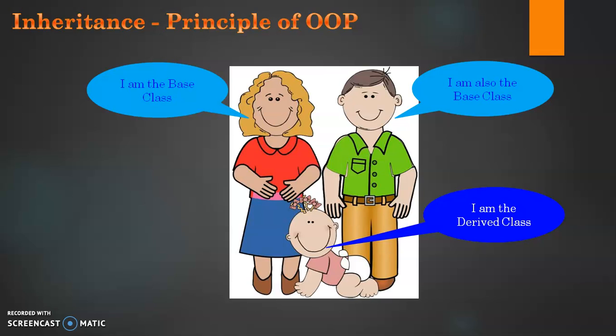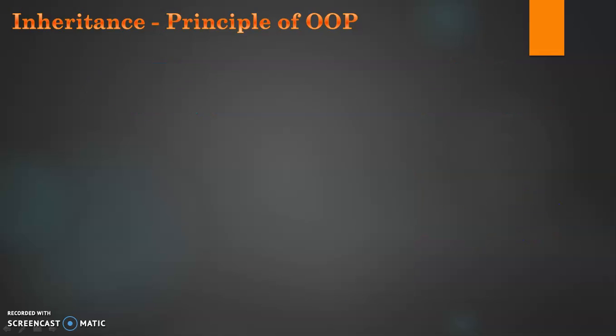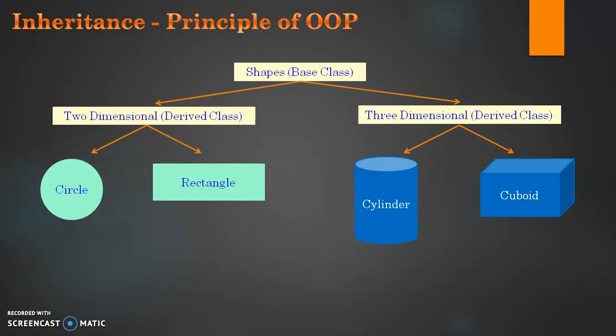So let's take an example. In this given illustration, shapes is the base class whose properties, that means the data members and the method members, are shared by these two derived classes, two-dimensional and three-dimensional, in order to calculate perimeter, area, etc. of different shapes.